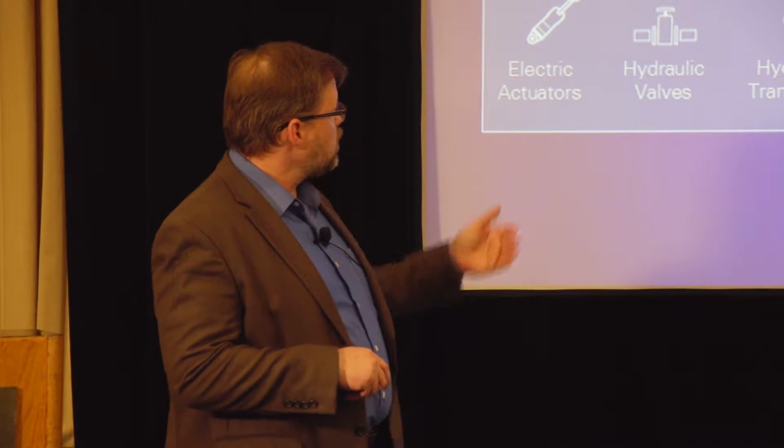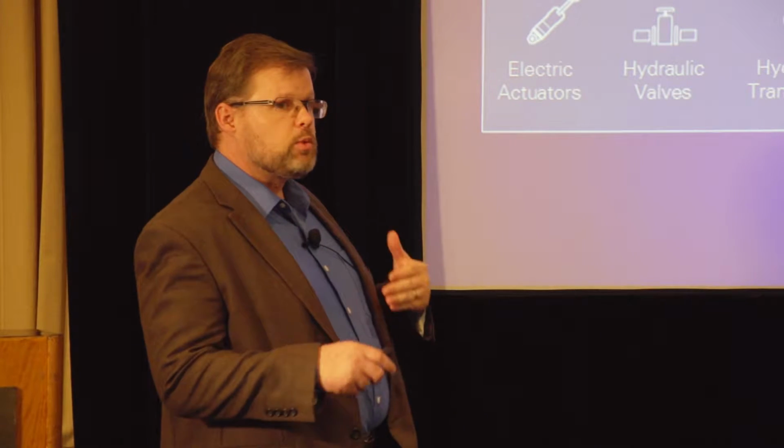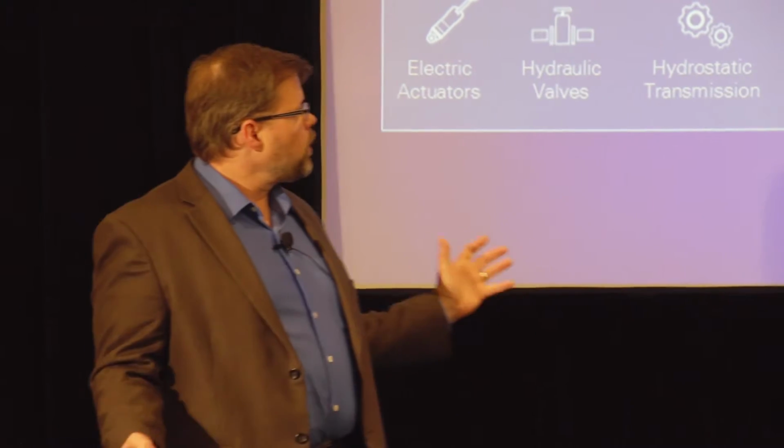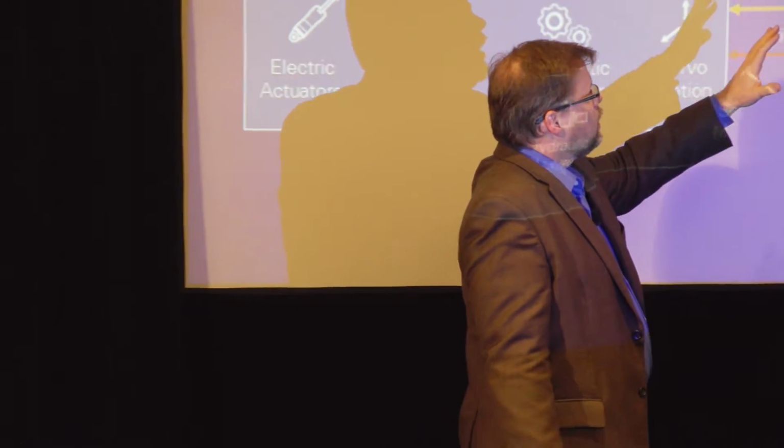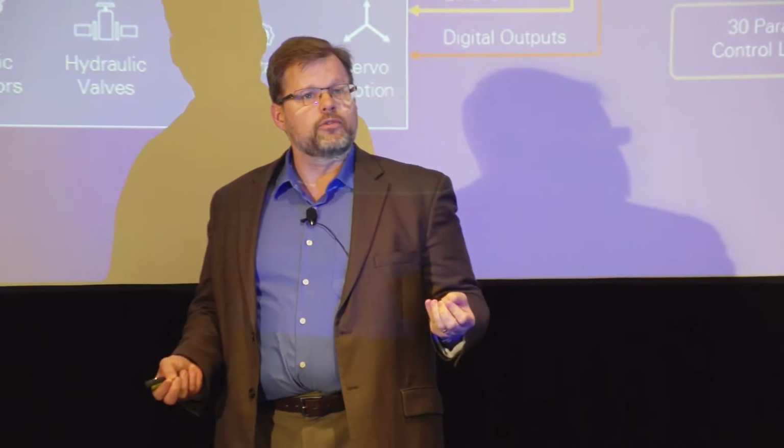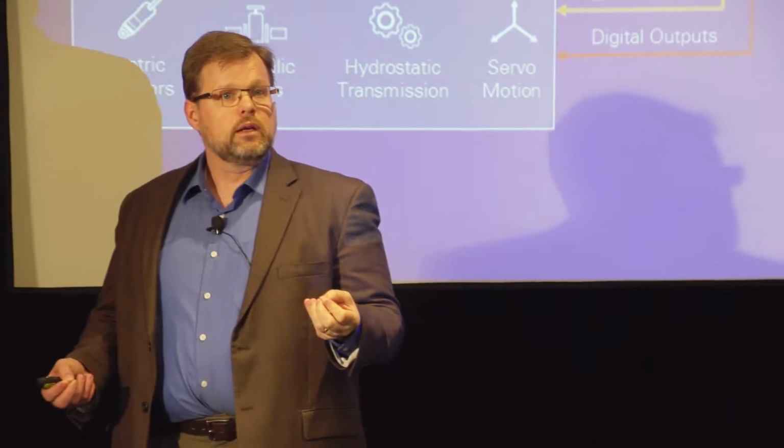They're controlling a hydrostatic transmission as well as many servo valves on the particular machine. But by consolidating all of the I/O into a centralized controller, they have dramatically simplified their system design.